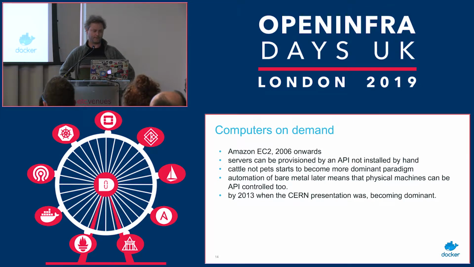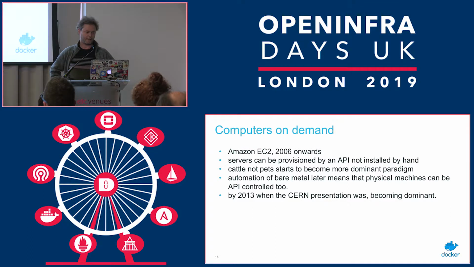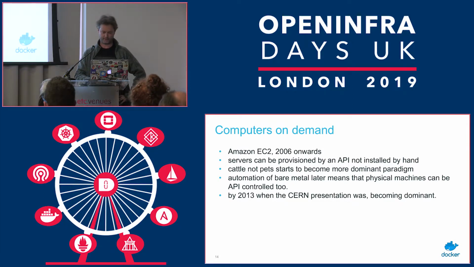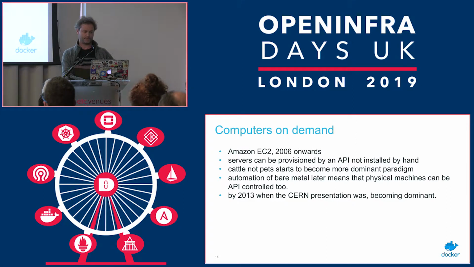And you didn't rack things out manually and so on. And obviously that's where the OpenStack model came out of. And by 2013 or so, when that CERN presentation was, this was becoming really quite important.